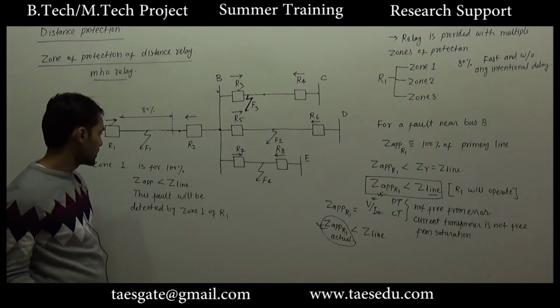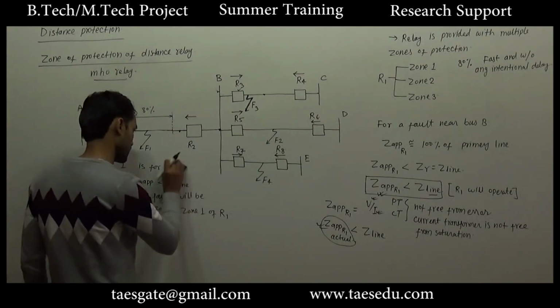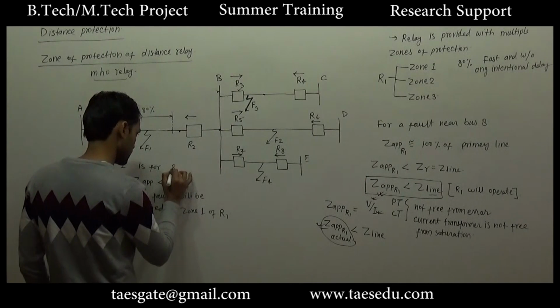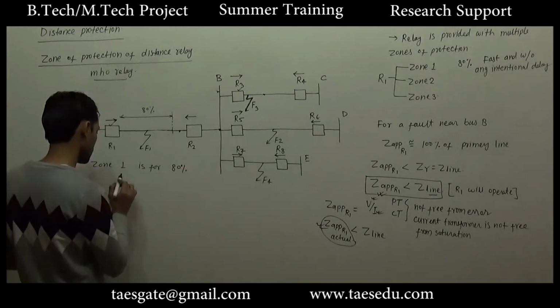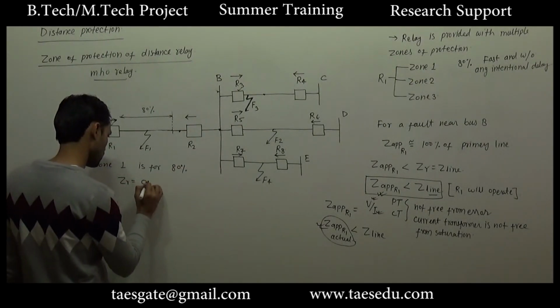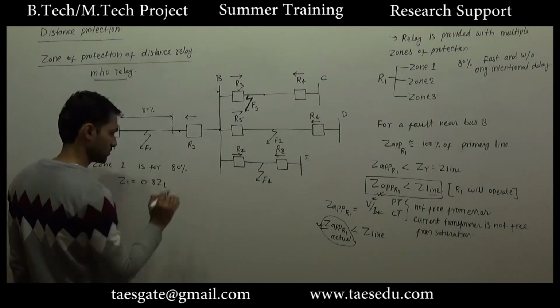But if we set the reach of zone 1 protection to 80% only, so ZR will be 0.8 ZL only.